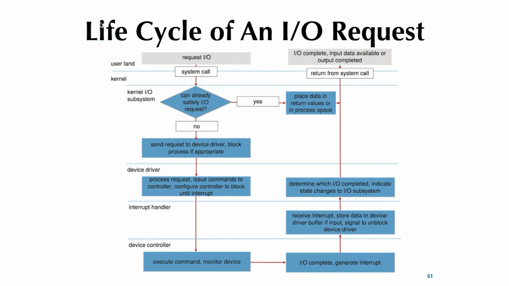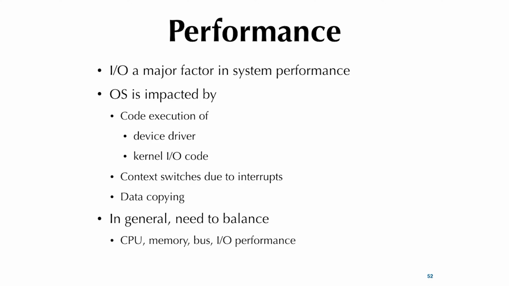Okay, and then the device driver has another piece that can complete the call and then return the control back to the I/O subsystem in the kernel and then return to the system call. So performance is an issue in I/O.